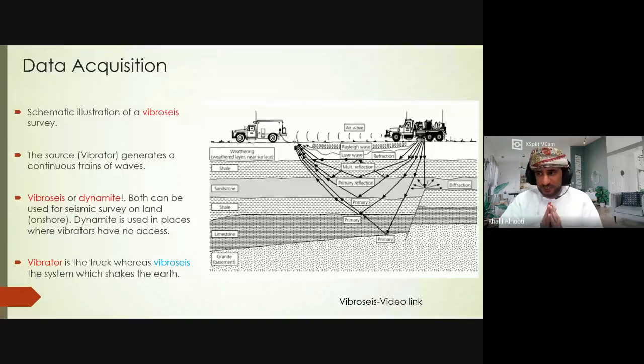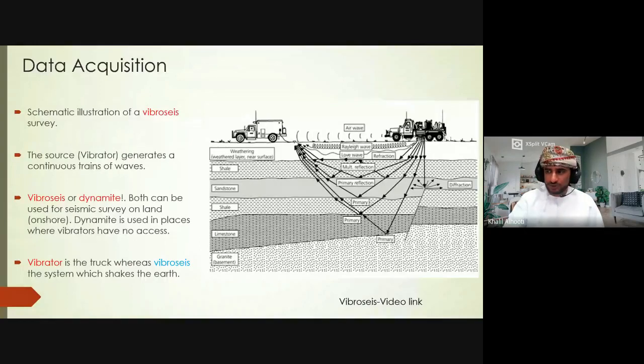Even if there is no movement, everything is so quiet, there is no noise at all, we still will generate multiple reflections. And to remove those multiple reflections, we do processing. Whereas if someone is moving on the surface or some car is passing nearby, they generate their own waves.